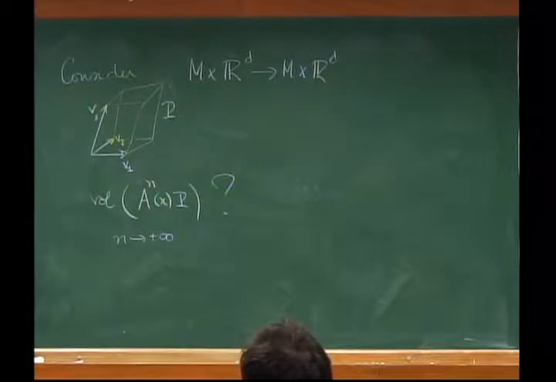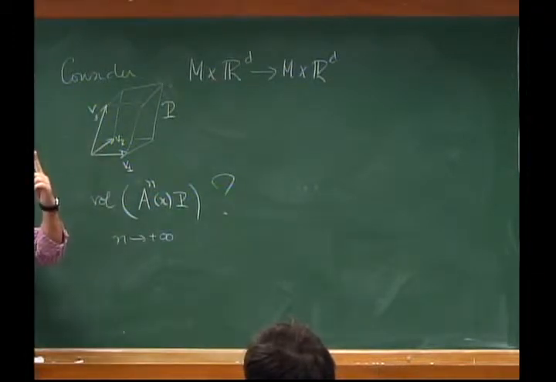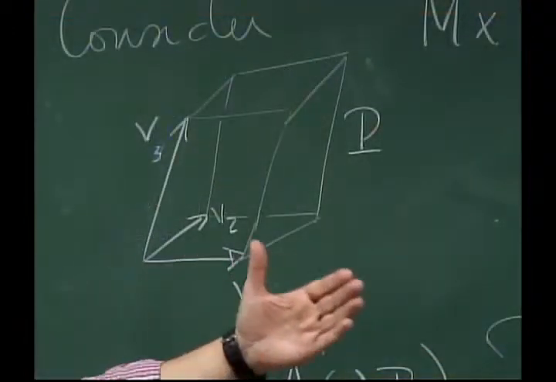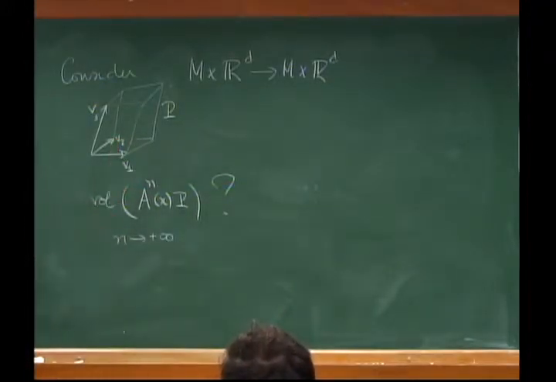Why am I interested in this? Well, it is interesting in itself, but it's an obvious generalization of something that we have been saying. We have been looking at one vector and asking how its norm grows. I'm upgrading the kind of object that I look at: two vectors, three vectors.